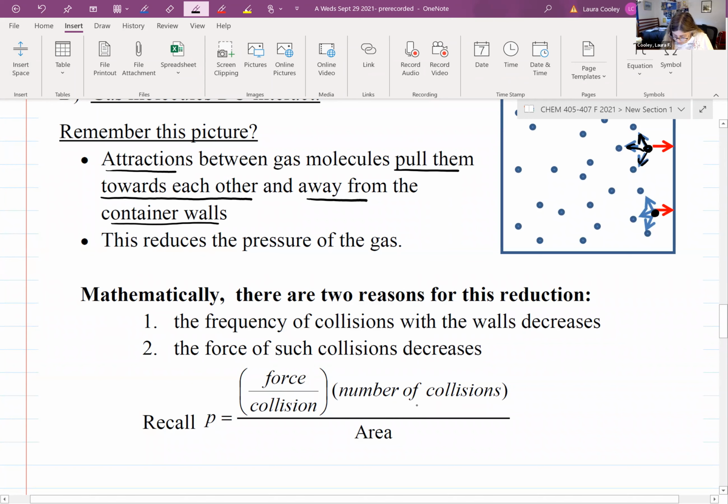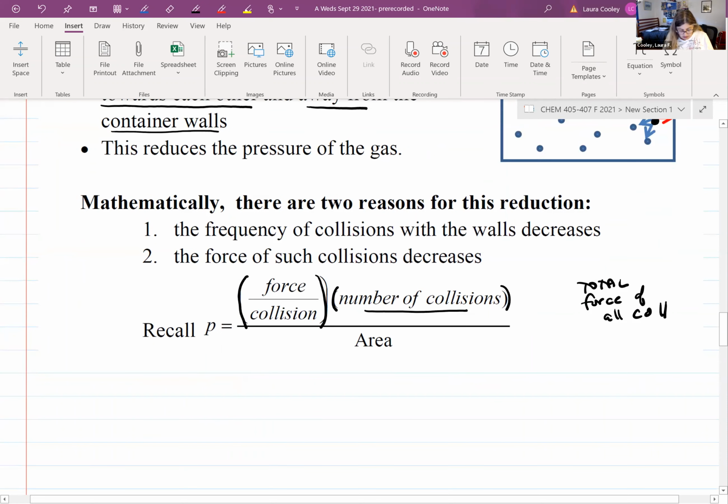So you have the number of collisions, related to the frequency, and the force per collision. The product of these two would be the total force of all the collisions, and we'd have to divide that by the area.